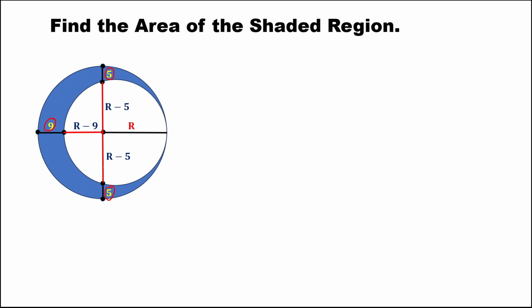Then from this, we can find now the radius of the big circle. So just equate r minus 9 over r minus 5 equals r minus 5 over r.